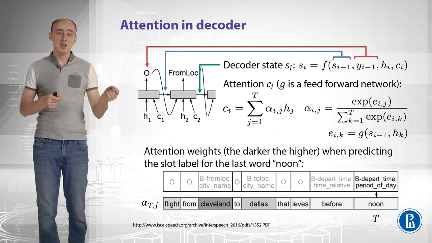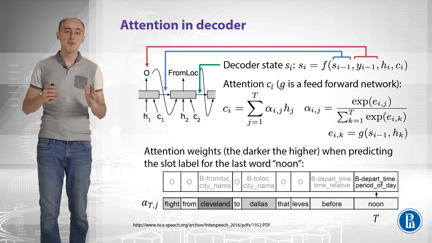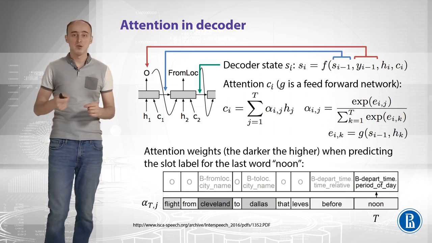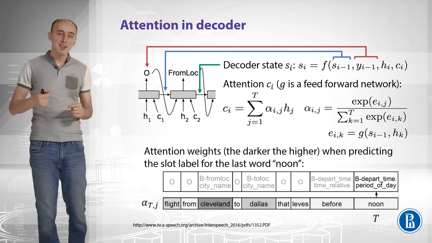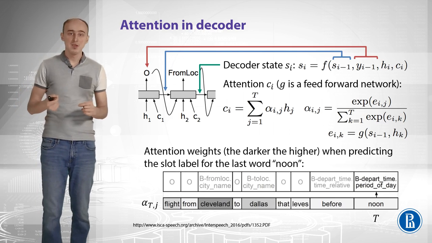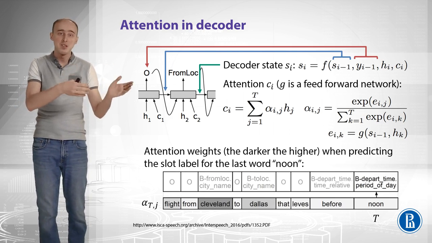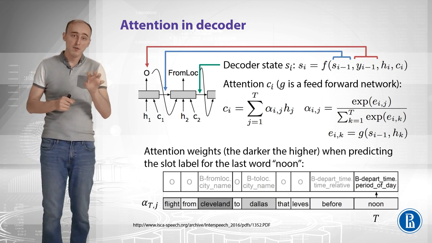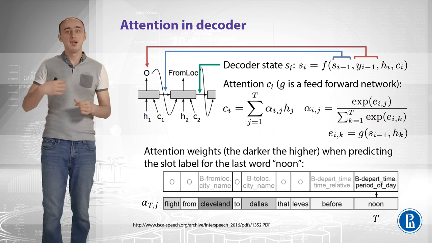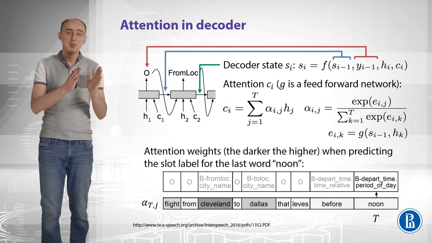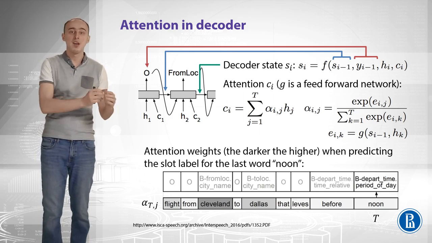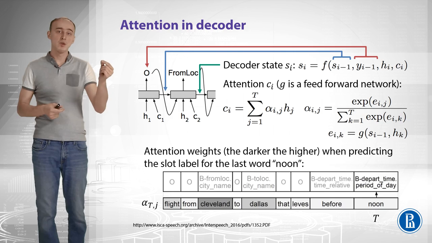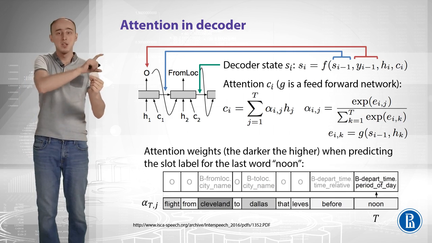The attention vector, c_i, is a weighted sum of hidden vectors from the encoder. We need to come up with the weights for these vectors, and we train the system to learn these weights in such a way that it makes sense to give attention to those vectors. The coefficient that defines what weight a particular vector from the encoder has is modeled as a feed-forward network that uses our previous decoder hidden state and all the states from the encoder.